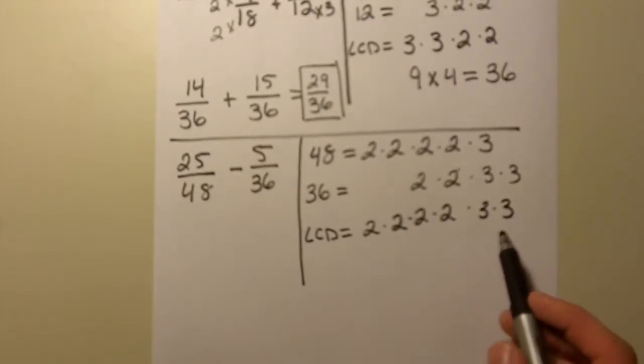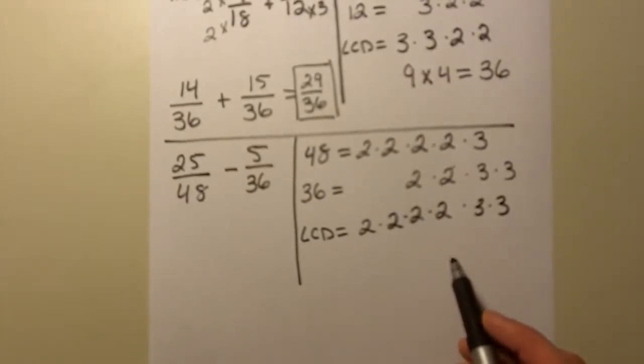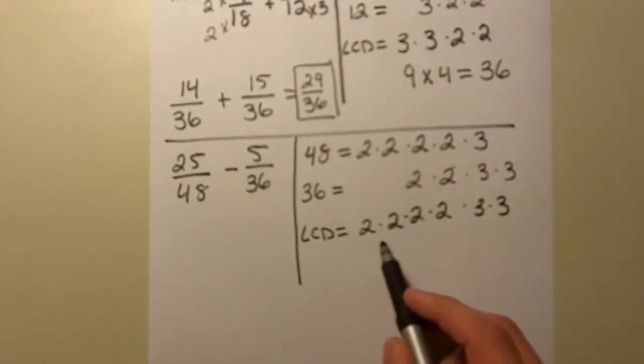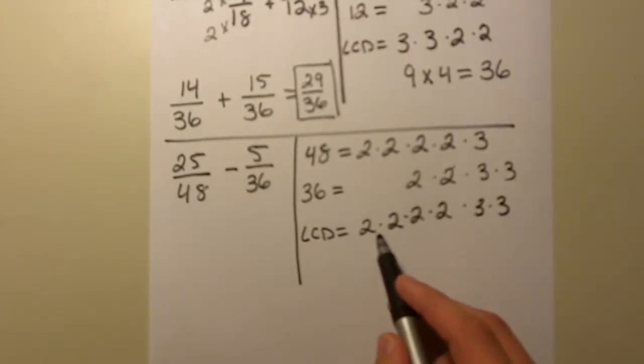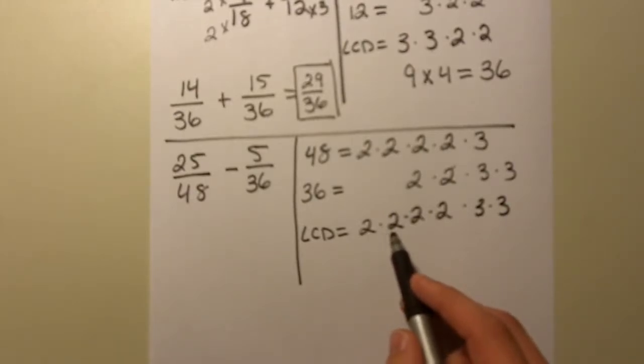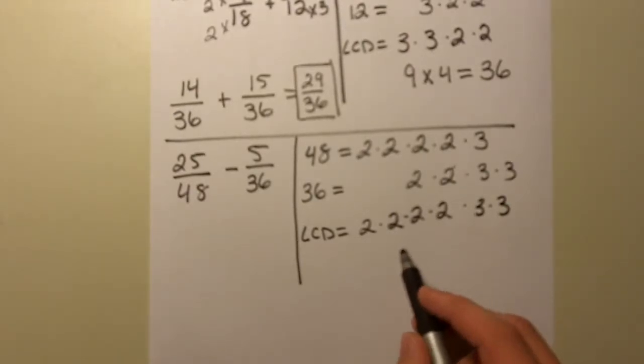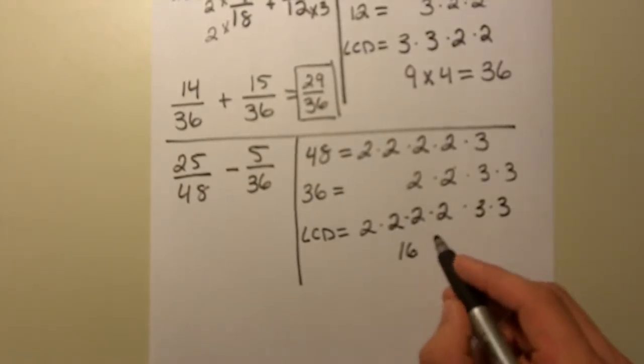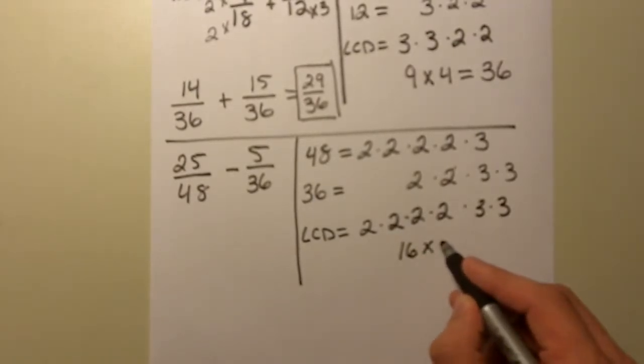Okay, so right now you might want to break out the calculators, but let's say we can't use calculators. So we know this is 4, 2 times 2 is 4, times 2 is 8, times 2 is 16, we know that. And then we have 16 multiplied by 3 times 3, which is 9.